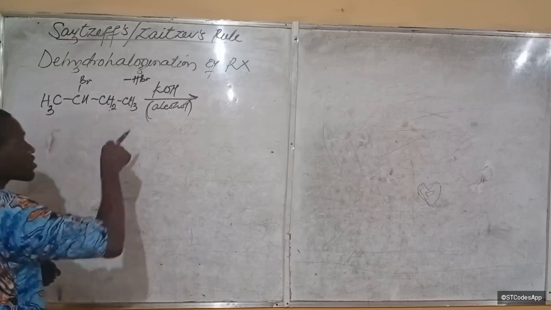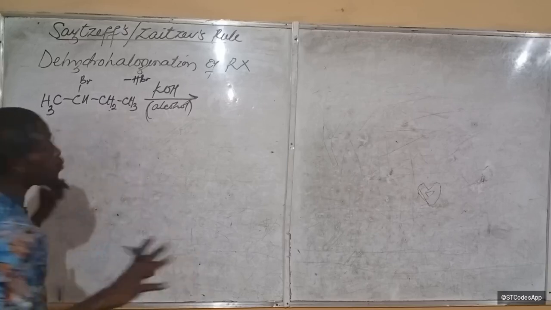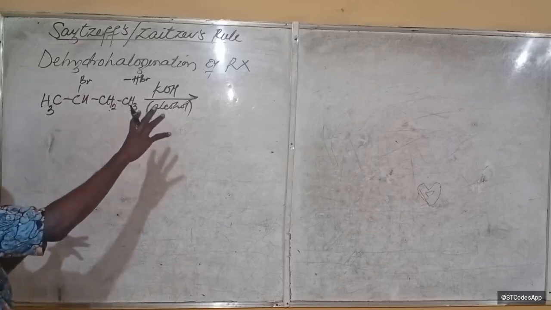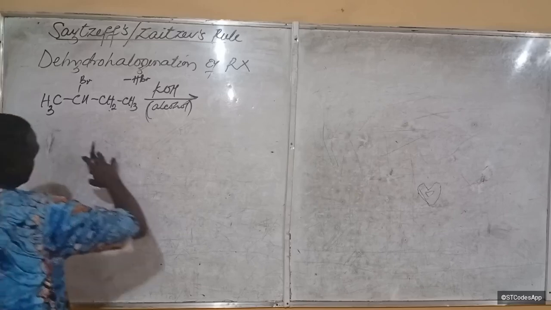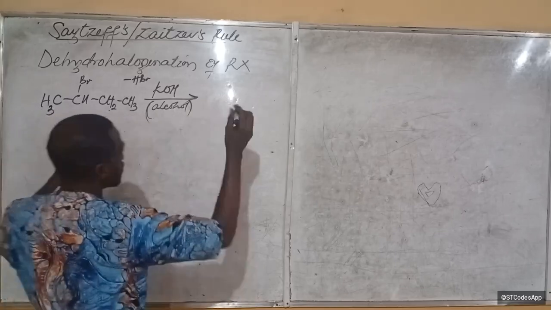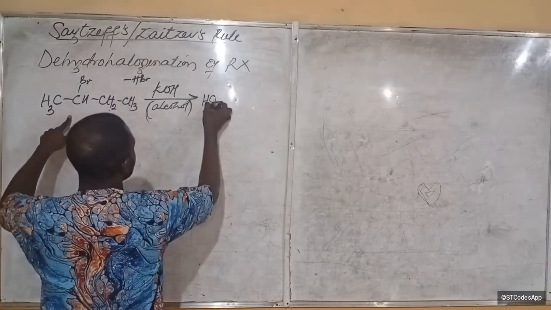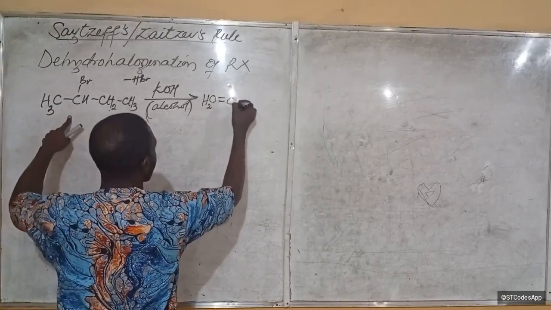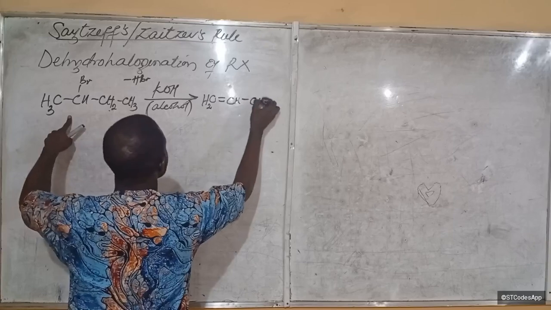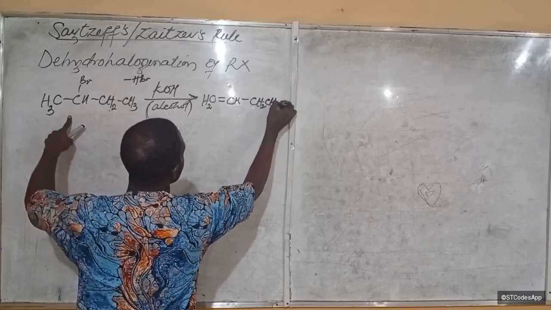Now, what does the Zaitzev rule say? There are two possible answers we can get from here. The first possible one is CH2 double bond CH, then CH2, CH3.